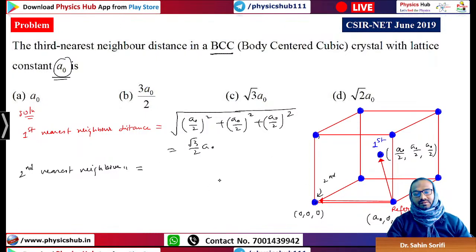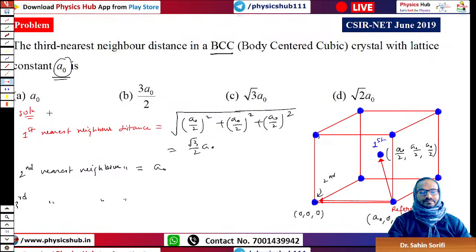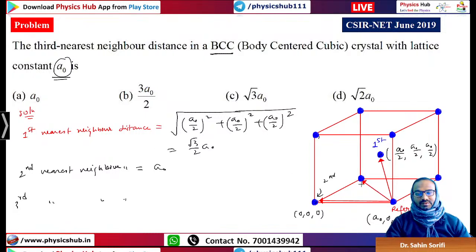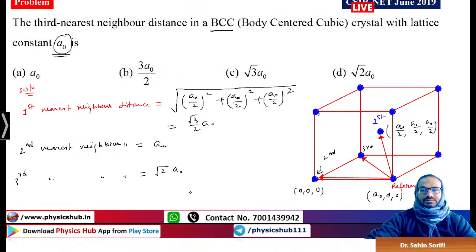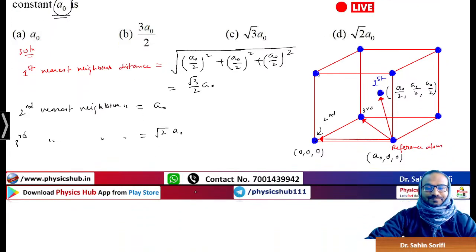So you can see easily that this distance is a naught. The third nearest neighbor distance will be this one. So a naught plus a naught, so it is root 2 a naught, right? So depending on the question you will answer.